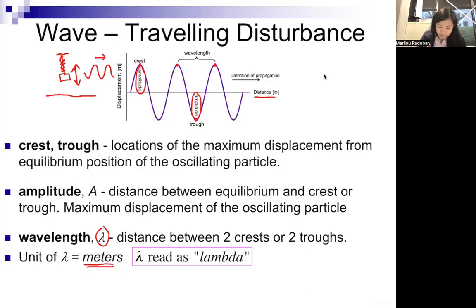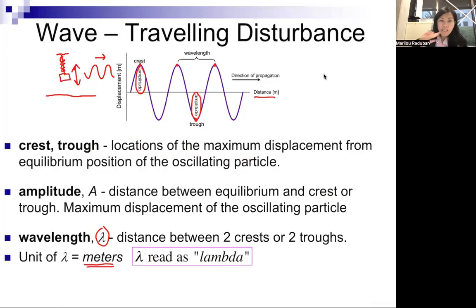Essentially it's similar to the periodic motion. You have the amplitude, which gives you the maximum displacement of the oscillating particle. The only difference is that the distance between two successive points is now the wavelength lambda, and that is measured in meters.